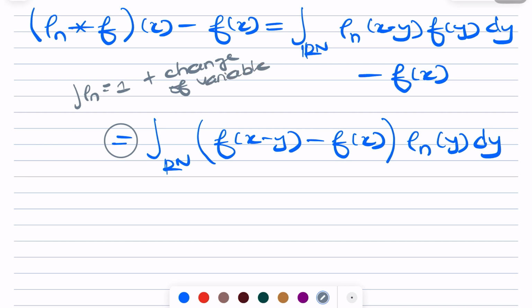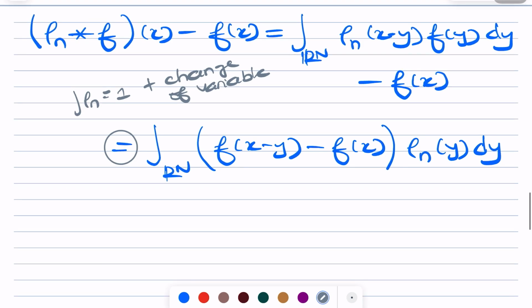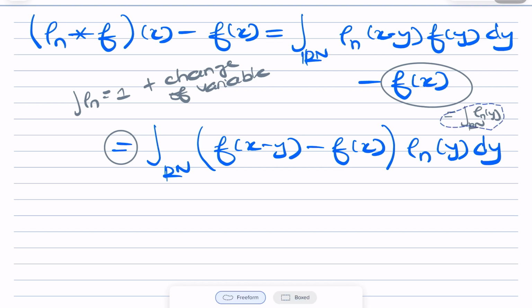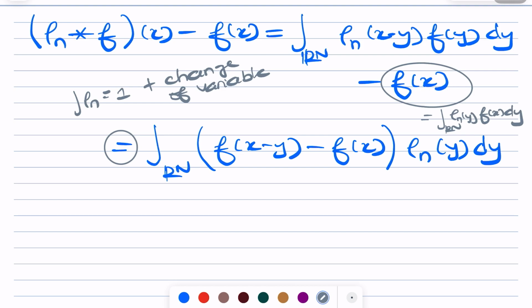If it is still not clear, because the integral of rho n equals 1, I can replace this f of x by the integral over R^n of rho n of y f of x dy. Let me drag it a bit so it is visible. Good. And then prepare for a change of variable.